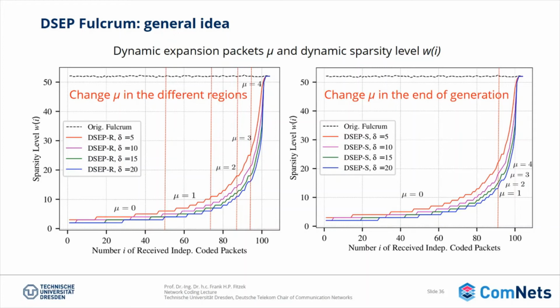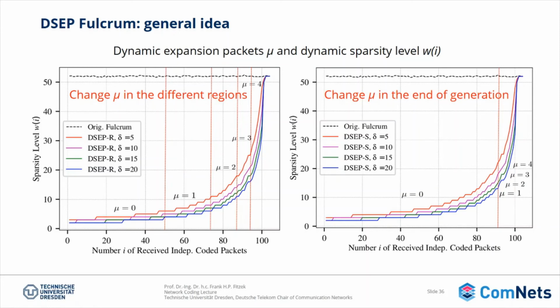The left figure shows the change of V in different regions. It means that we divide the generation into different regions, and we will change V at the end of each region.